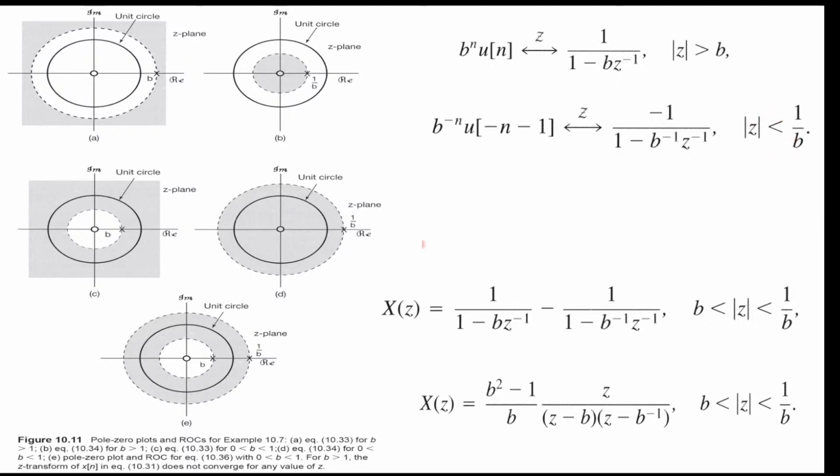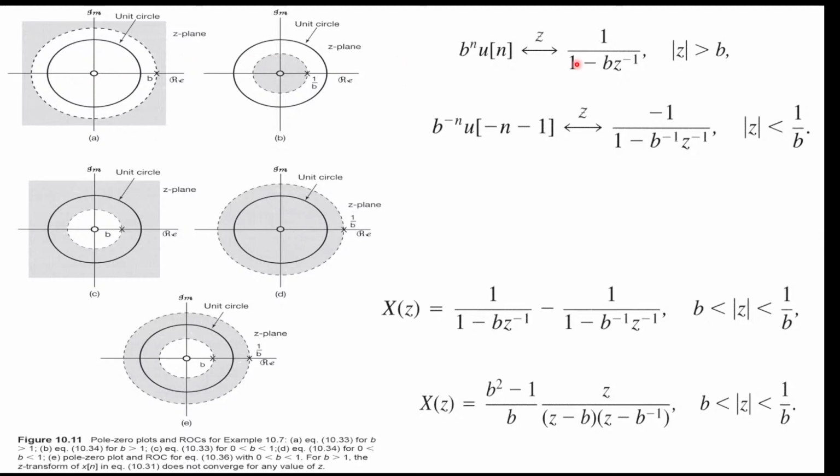And if b is less than 1, then the second signal's ROC looks like this. If you think about the overlap between this shaded region and this shaded region, you see the ROC is this ring between b and 1 over b.